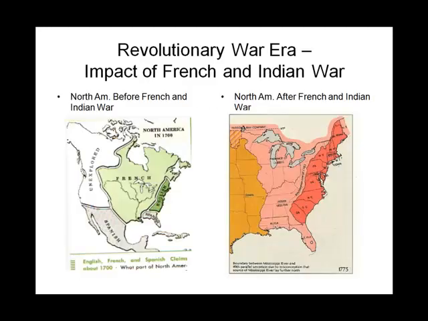Okay, now let's skip ahead to the intersection of all of these different colonial traditions. If you look at this map on the left, you'll see how America looked in 1700. You've got the English clustered right along the Atlantic coast. You've got the Spanish around Florida.